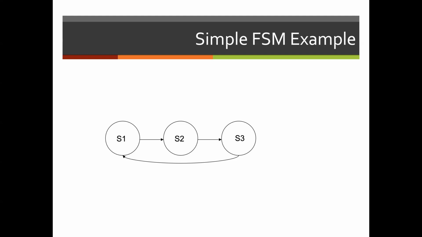So in this example, we have S1, S2, and S3, and these represent the various state changes that can occur within a data path. We have the arrows that are utilized in order to represent appropriate transitions that can occur between states.